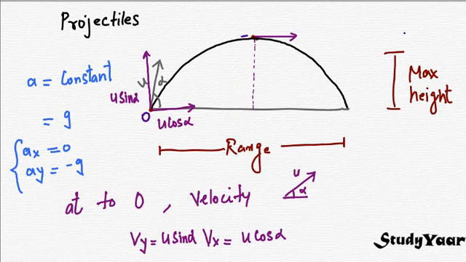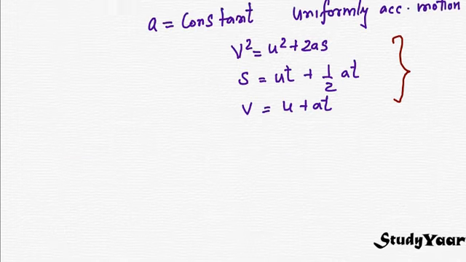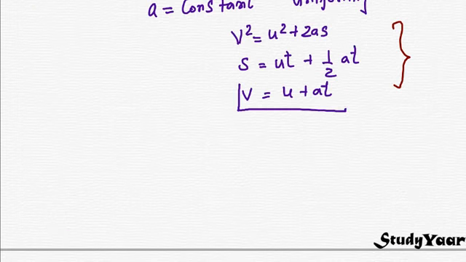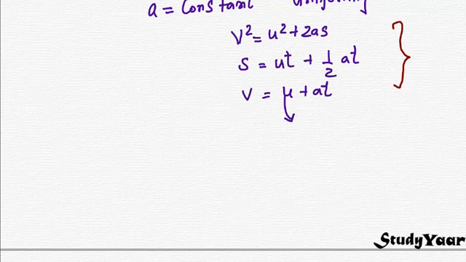Another thing that I know over here is my Vy, which is this, is equal to 0. So what I'm going to do is use this particular equation, where v is the final velocity, u is the initial velocity, a is the constant acceleration.